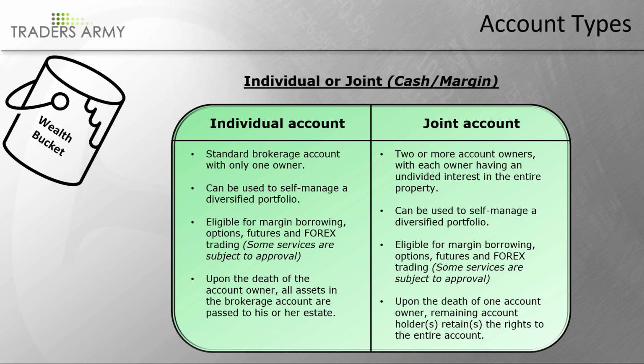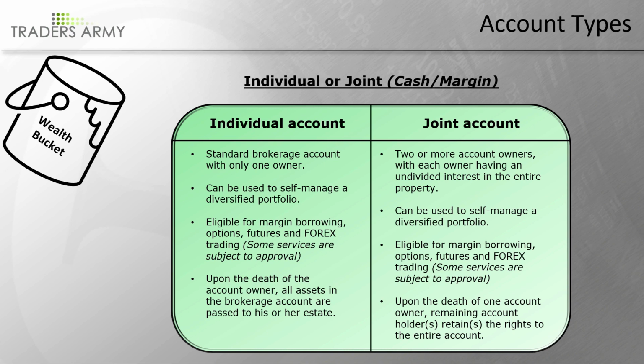But the biggest difference in a joint account is typically, upon the death of the owner, the remaining account holders, they retain the rights to the entire account. So upon the death of one account holder, the amount of the account and control of the account automatically shifts to the other member that's on that account.